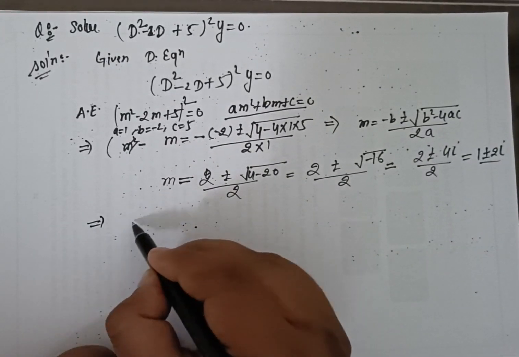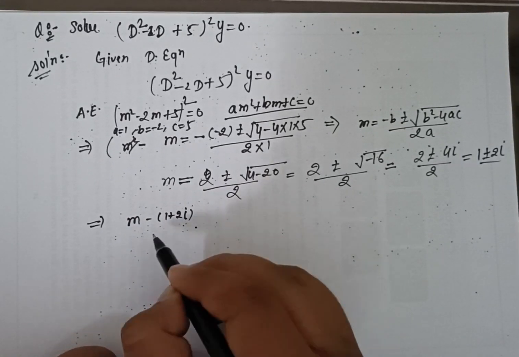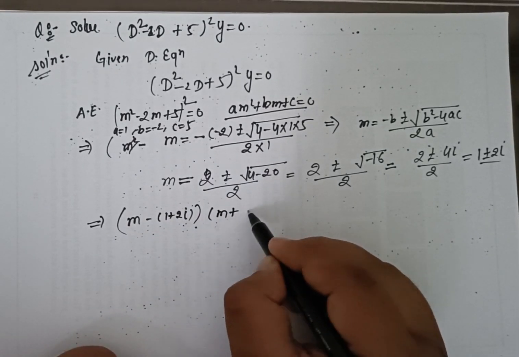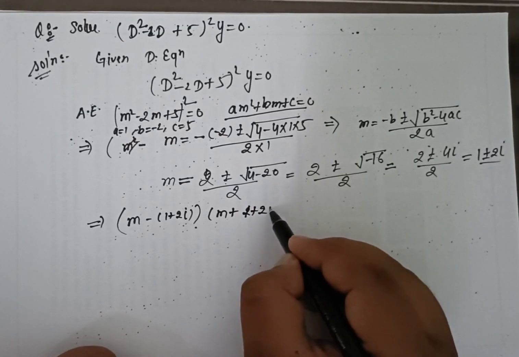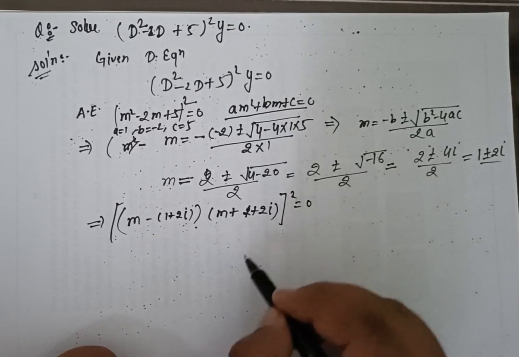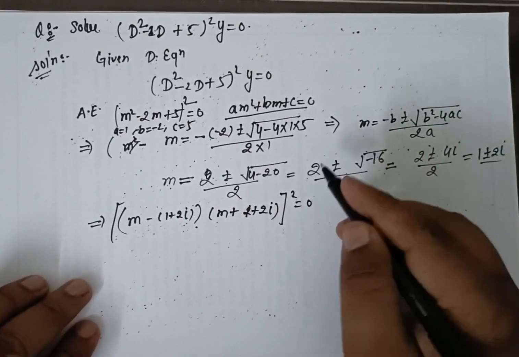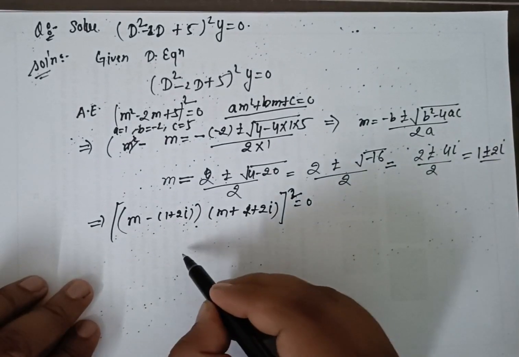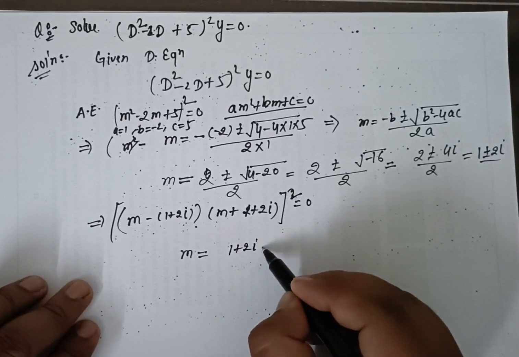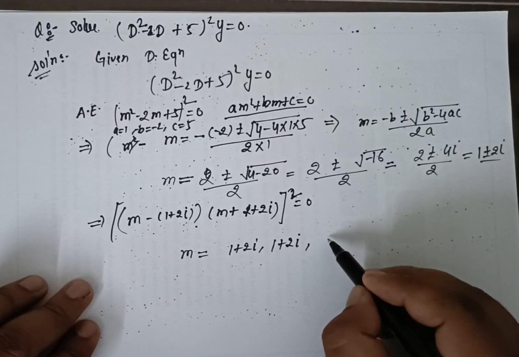This implies that m minus (1 plus 2 iota) is a root of this, and m minus (1 minus 2 iota) is the other root. We have the two roots here, and these two roots are repeated obviously due to the power of this. So we have four roots.